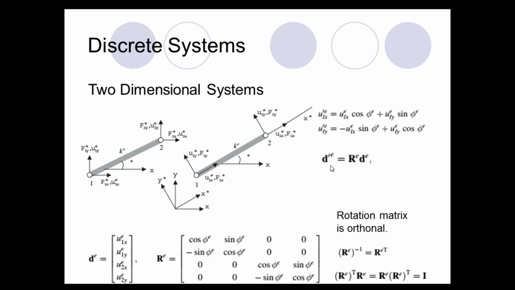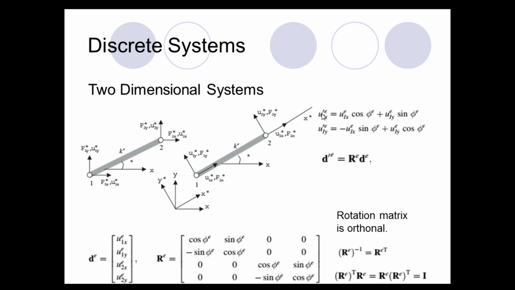Therefore I can write the rotated displacements by means of unrotated displacements, because I write the expression in rotated coordinates, right? xe and ye. So Re multiplied by de will give me the rotated displacements. So this is my displacements in the global coordinates, de: u1x, u1y, u2x, and u2y.